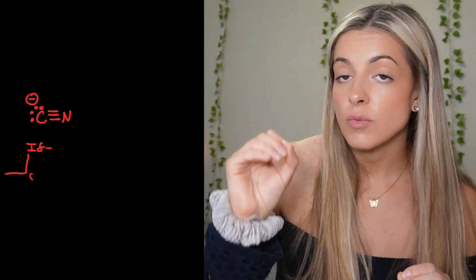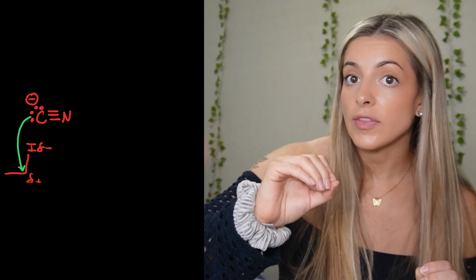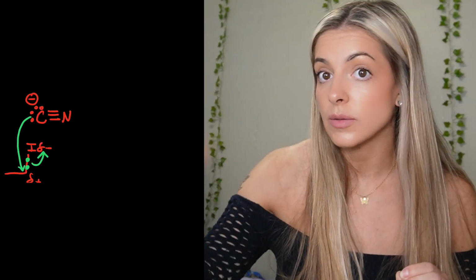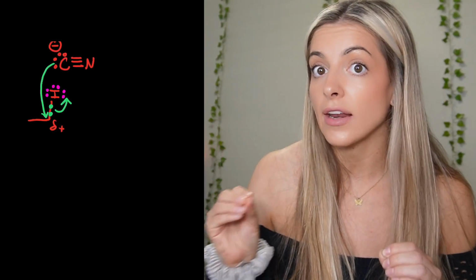And now I say 2 out because that iodine is going to take the 2 electrons that were originally in the carbon-iodine bond. So we see the iodine has 3 sets of lone pairs, so 6 electrons around it. When the iodine takes the 2 electrons a part of the C-I bond and it goes 2 out, the iodine is going to end up with 4 lone pairs, so 8 electrons total, and become negatively charged.